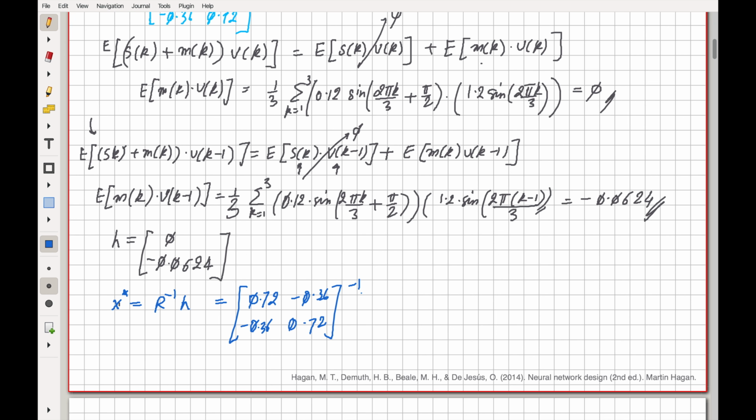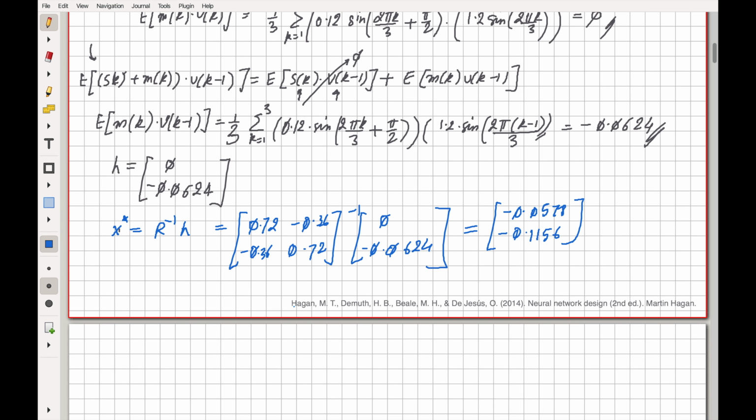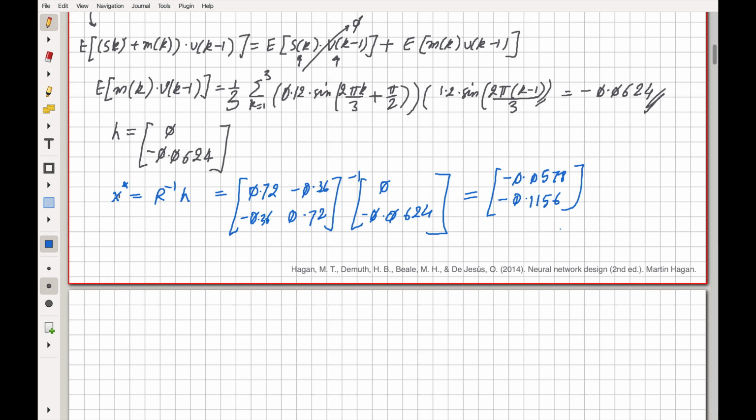Take the inverse of that and dot that with the value of h we just found, 0 and minus 0.0624. If you solve them, we get minus 0.0578 and minus 0.1156. So these are the values for the weights, the minimum mean square error solution for the weights.